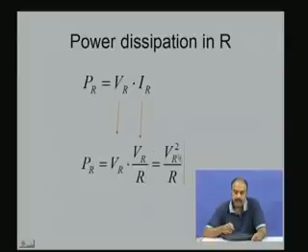This gives VR square by R, that is voltage square by R. So, summarizing, the power dissipation in a resistor can either be I square R if you know the current, or if you know the voltage across the resistance, then it is V square by R.